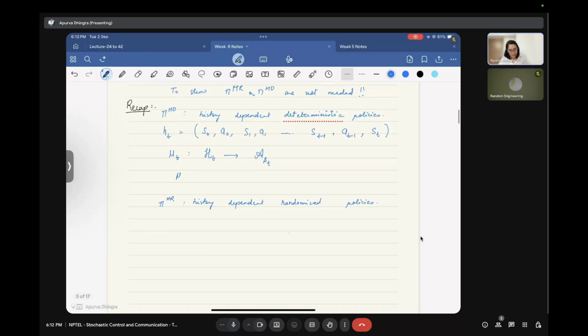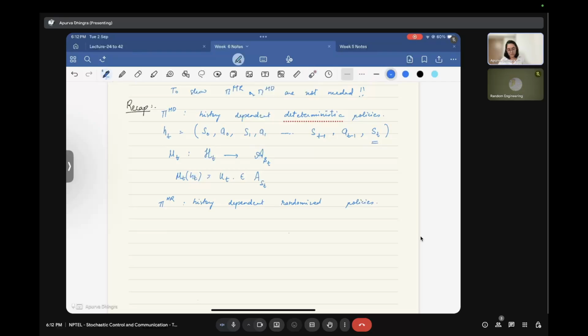Meaning mu t of ht would be some ut, and ut will be something that belongs to the action space of ST, the last state that was seen. These are deterministic history dependent policies. Deterministic because our map gives us one particular action to be taken.